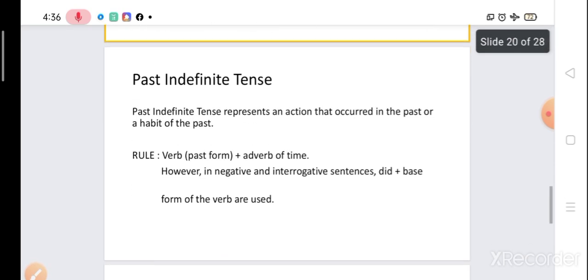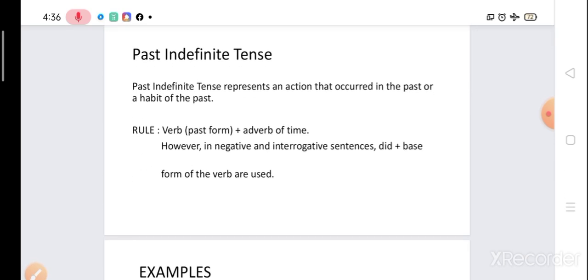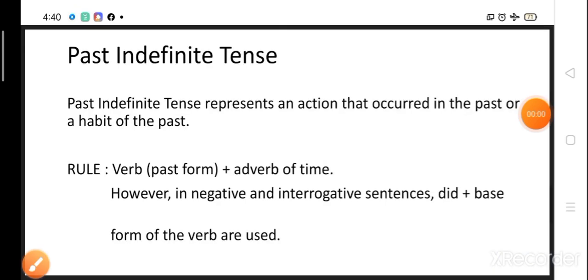Now moving ahead with the next type, that is the past indefinite tense. Past indefinite tense represents an action that occurred in the past or a habit of the past. Now the rule is simple.